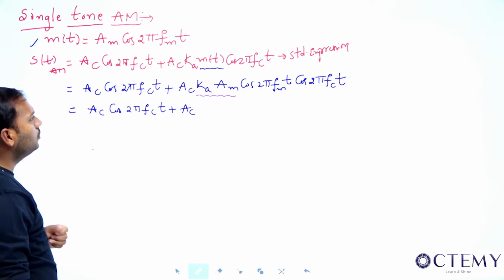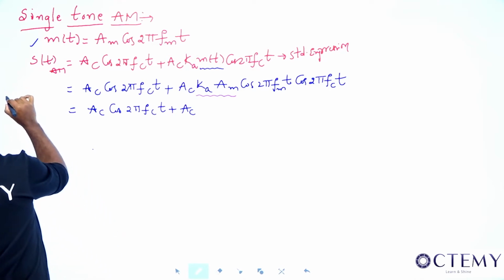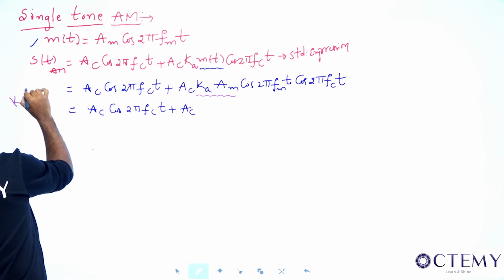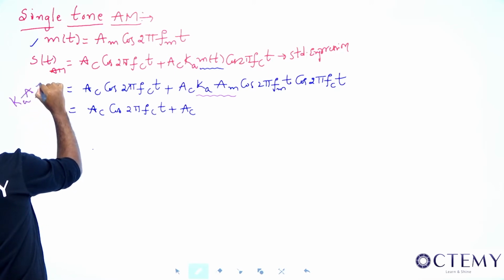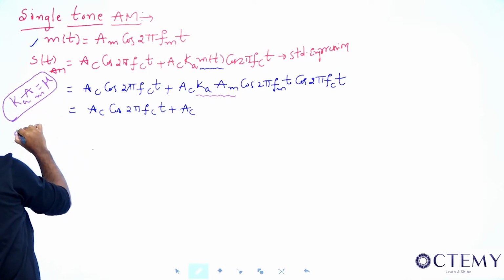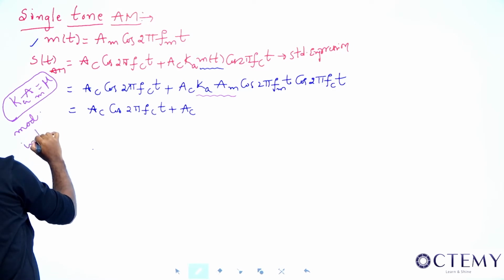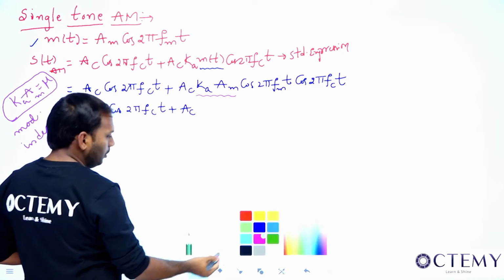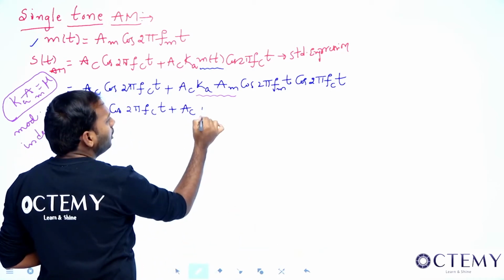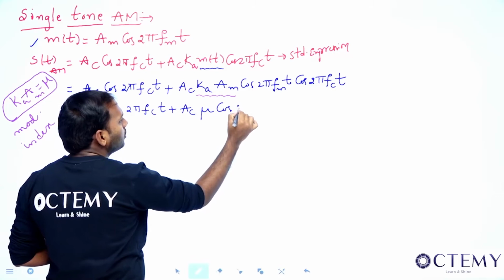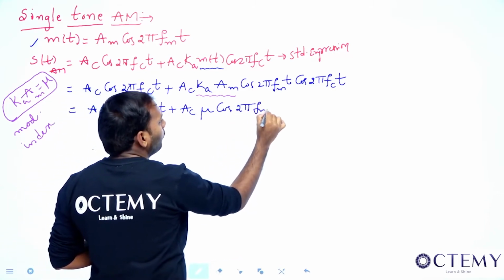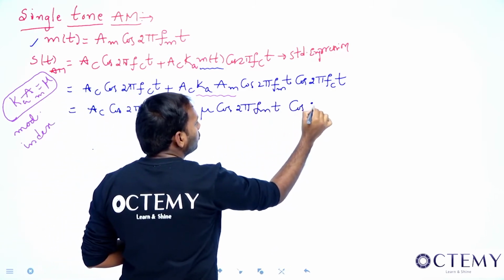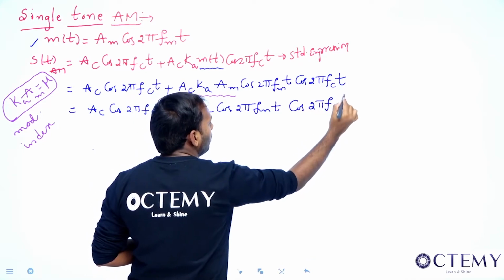This value Ka into Am, you are calling as mu, which is called the modulation index. So now I'm going ahead: Ac mu cos 2 pi fm t cos 2 pi fc t.